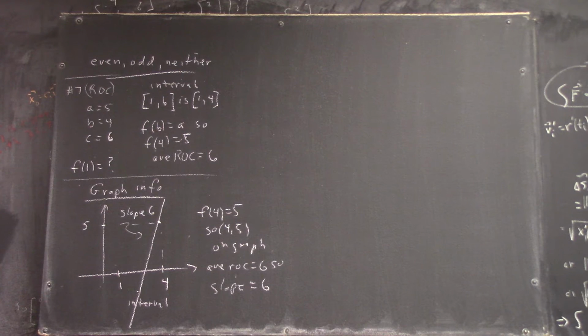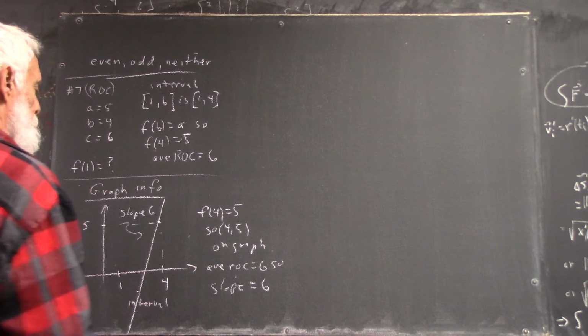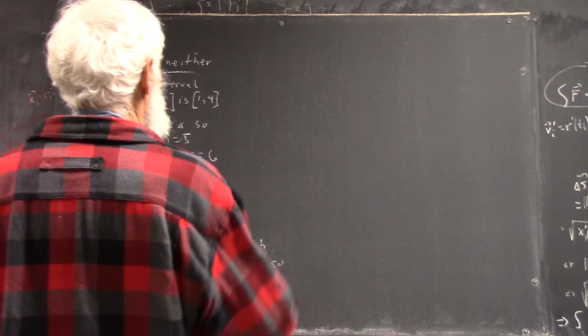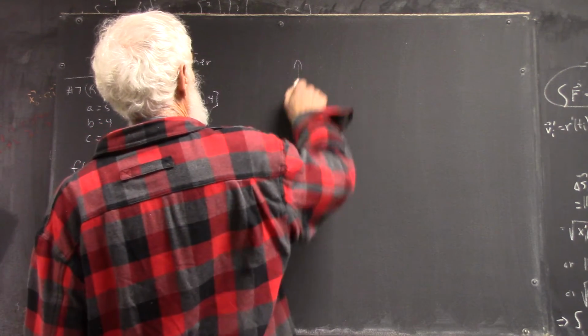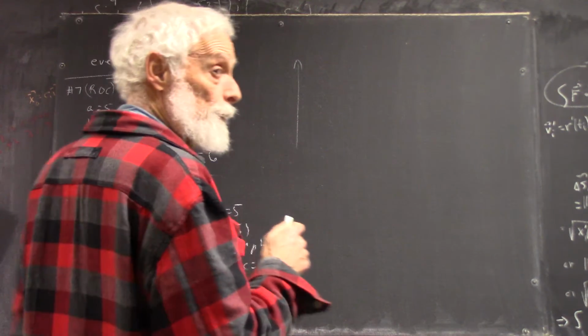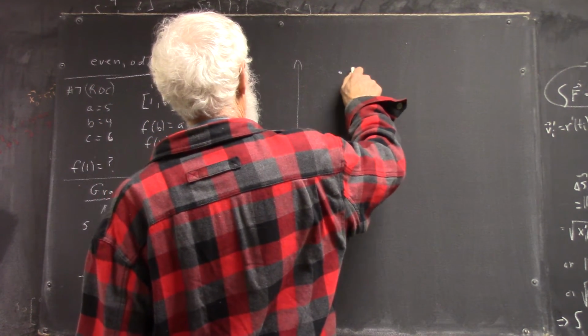Now at that point, you ask yourself, okay, we want to know F of 1. What do we mean by F of 1? 1 on the x-axis. Okay, well, let's draw a little better picture here where I don't even draw the x-axis for a minute, because this thing's going to be a pretty steep slope.